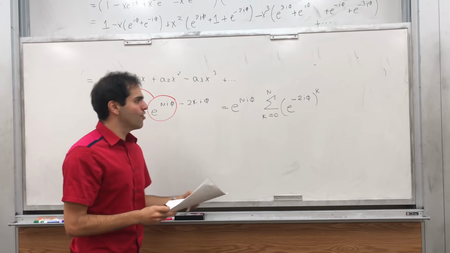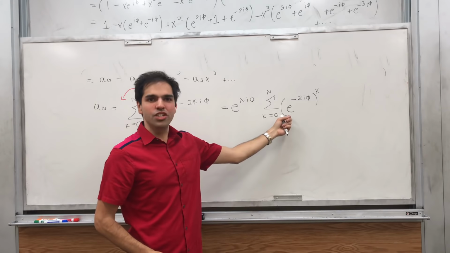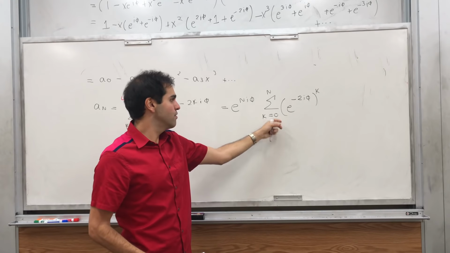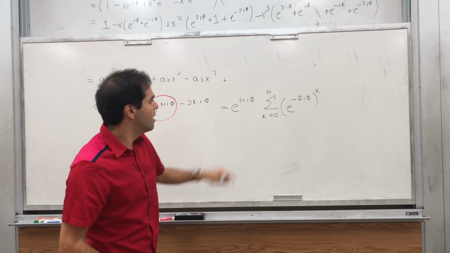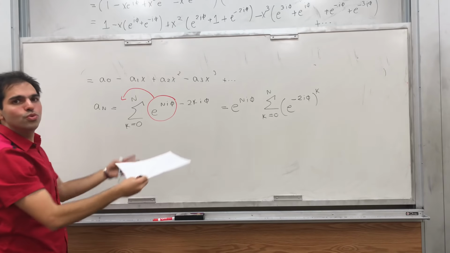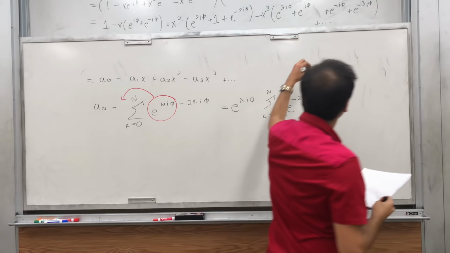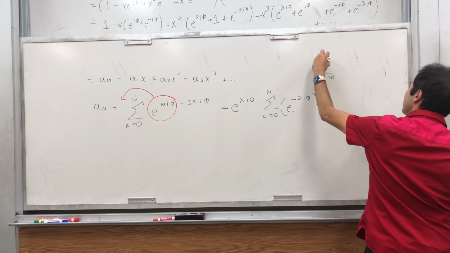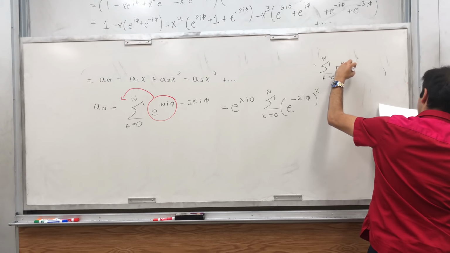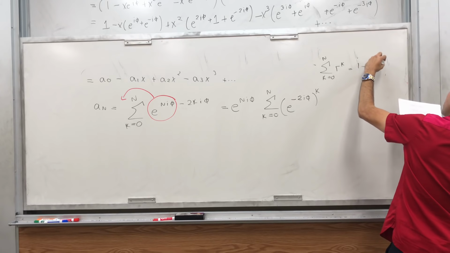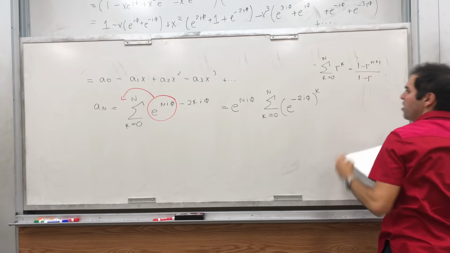But here's a beautiful thing. This is still a geometric series, a finite geometric sum. And therefore, we can just use the formula that says the sum from k from 0 to n of r to the k is just 1 minus r to the n plus 1 over 1 minus r.